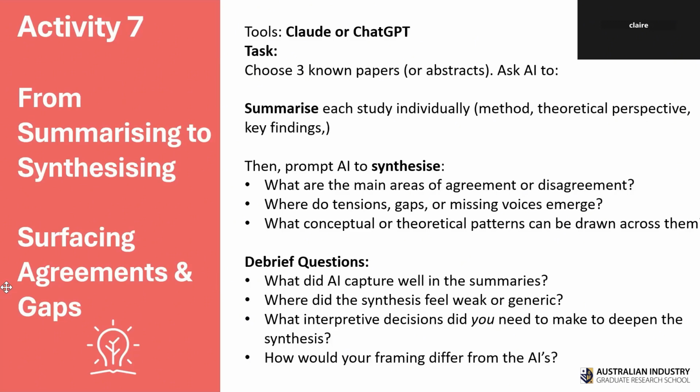So really focus on literature that you know really well and get a sense of how the output it's providing differs from your interpretation. And remember that even if you're asking it to synthesize and it gives you a synthesis, it's not an actual synthesis.